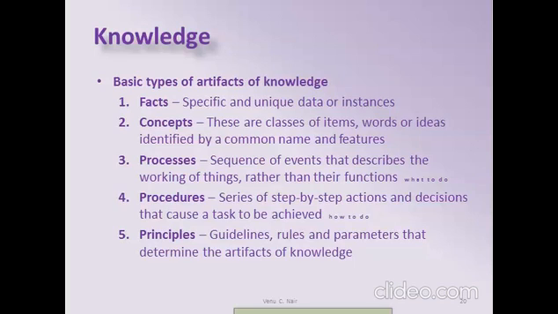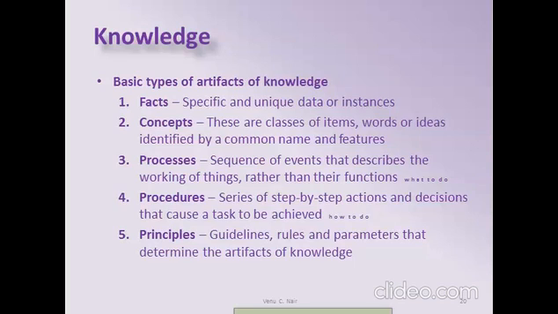Then processes. We know that processes are a sequence of events that describes the working of things rather than their functions. That is, what to do is explained by the term process. Then procedures, series of step-by-step actions and decisions that cause a task to be achieved. How can we do a thing is a procedure.